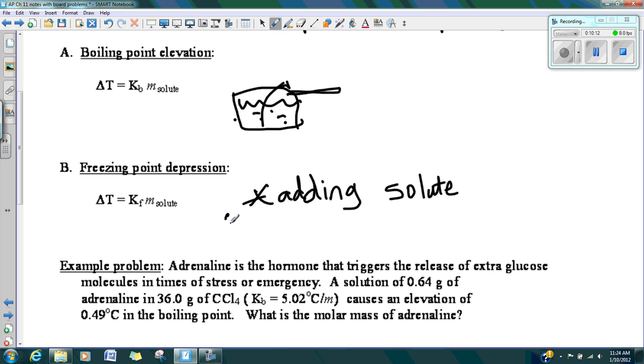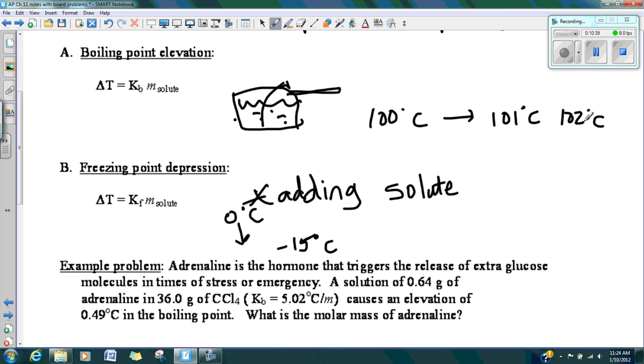What that means is, if water normally freezes at 0 degrees Celsius, most of our chemicals can take it down 15 to 20 degrees. And so now it's going to freeze at negative 15 degrees Celsius. On the other side, if it boils at 100 degrees Celsius, adding a little bit of salt normally only increases it to 101 degrees, maybe 102 degrees Celsius. So it's not as big of a factor.